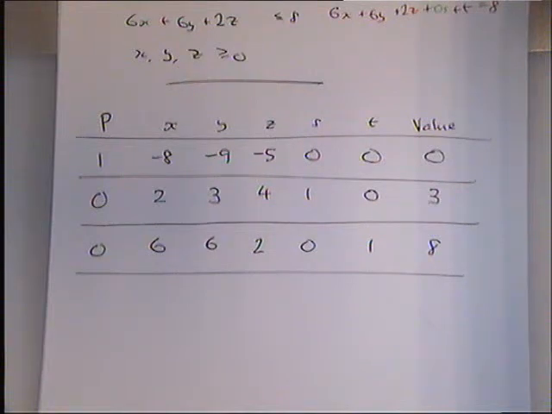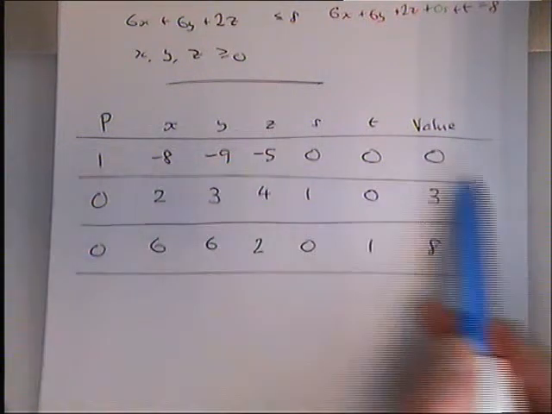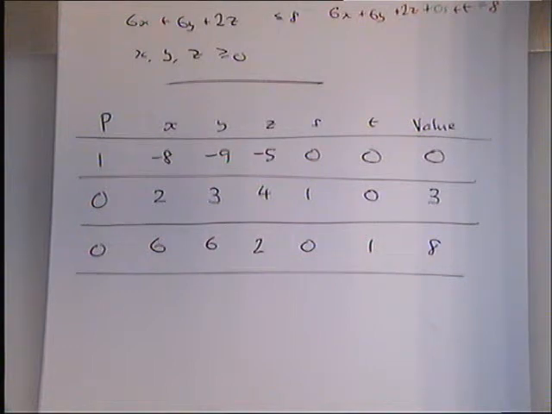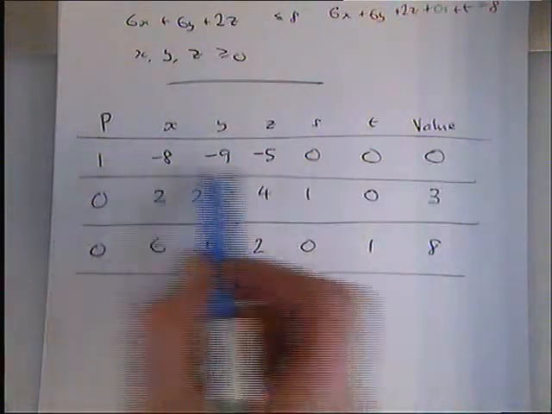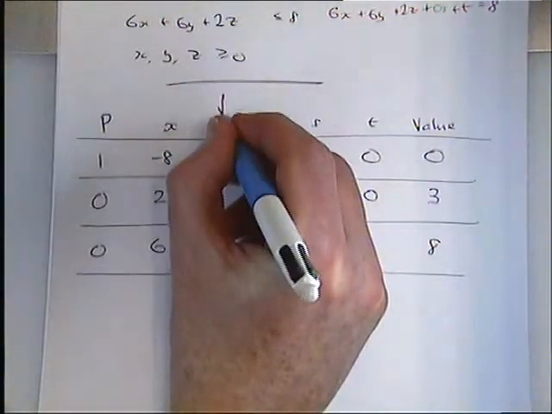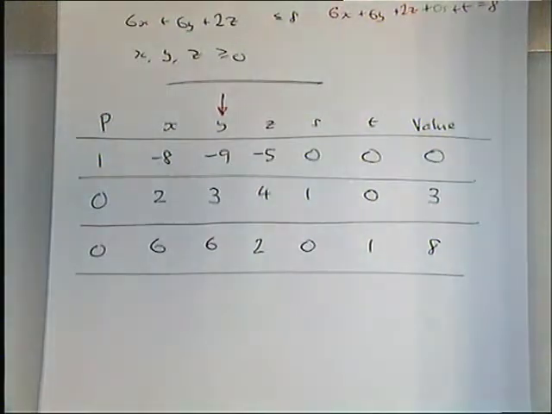How do we identify our pivotal column? It will have a 1 in it in the new one, but at the moment, how do I identify my pivotal column? It's something to do with the top row, the top number row. Most negative, yeah. The most negative value is in that column there. So that will become our pivotal column.